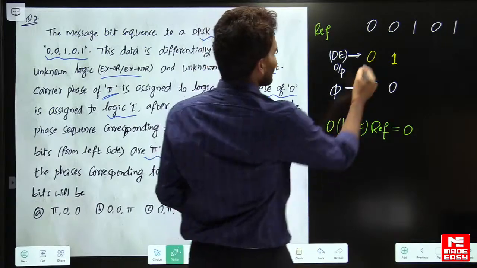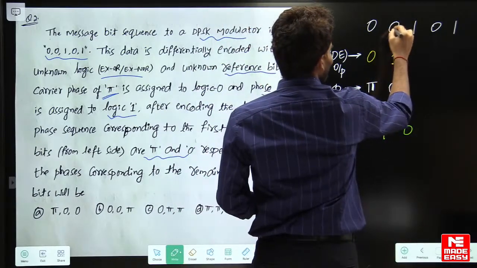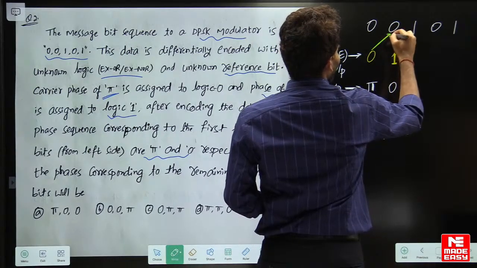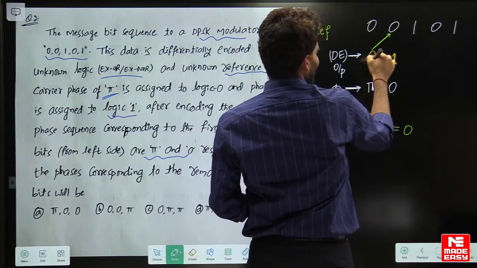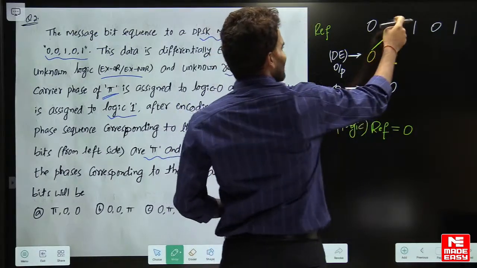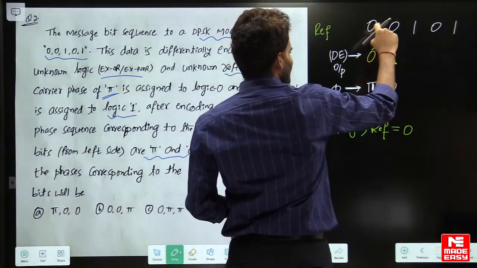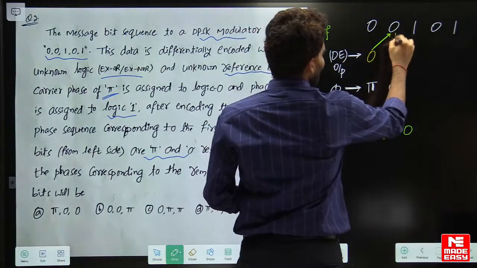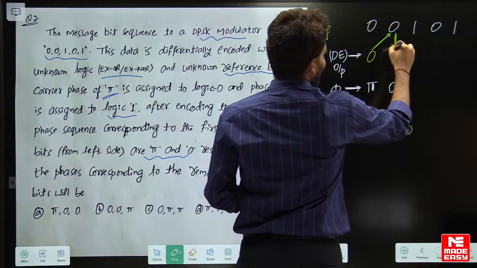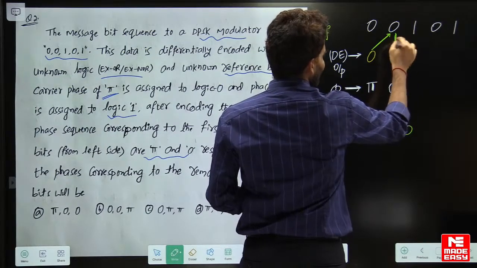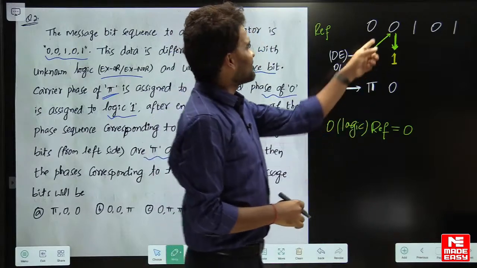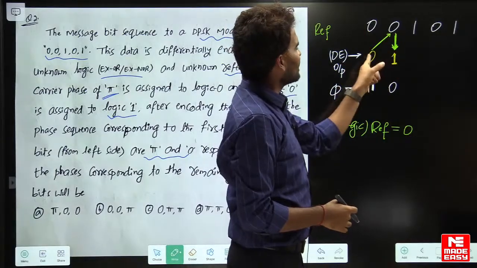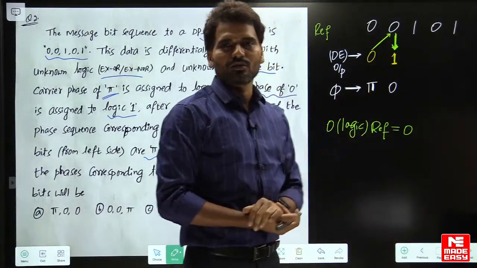Let me check with the second bit. The present message bit is XOR or XNOR with the previous output, and then you will get the next bit in the differential encoding process.